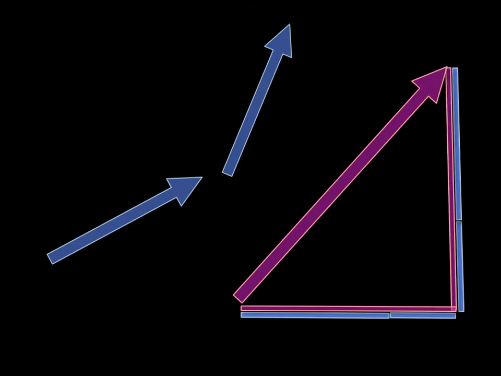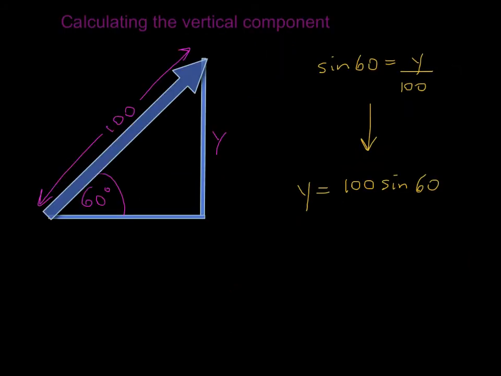So we'll go through now the basic steps for calculating the horizontal and vertical components using trigonometry. Let's begin by calculating the vertical component of the vector. Suppose our vector has a magnitude of 100 and a direction of 60 degrees from the horizontal. If you recall, the sine of an angle is equal to the opposite side divided by the hypotenuse.